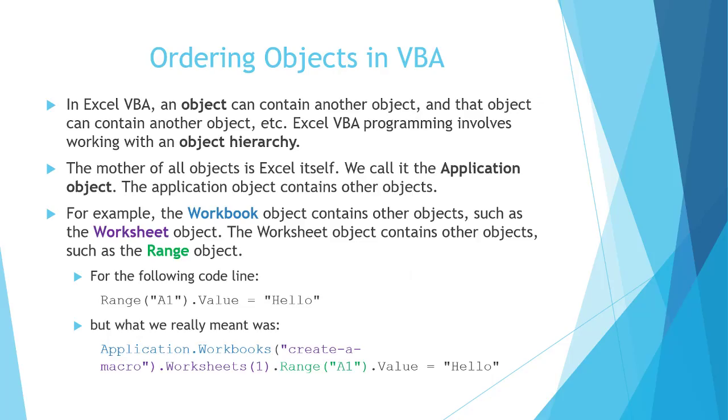Now, this is not something that's going to have a video tied to it. It's just some good stuff to understand, like one of those Russian nesting dolls. The way you type out your coding in Visual Basic should follow a logical order. An object can contain another object, and that object can contain another object, and we call this object hierarchy.